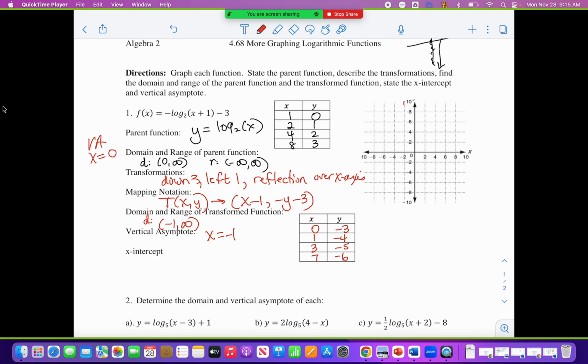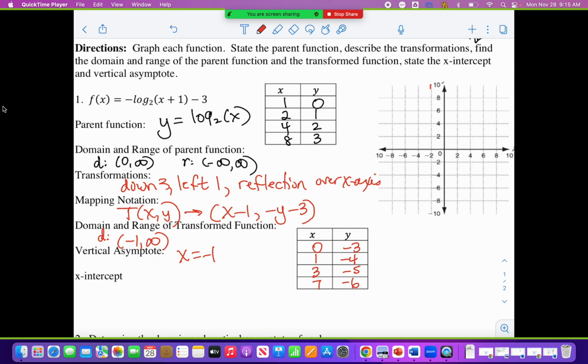Now notice my scale. My scale is going by 2s, so don't let that bother you. So I want to go left 1. I have 0, negative 3, 1, negative 4, 3, negative 5, 7, negative 6.